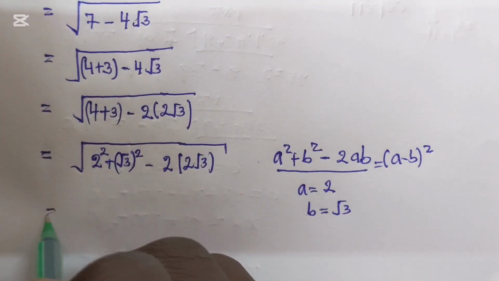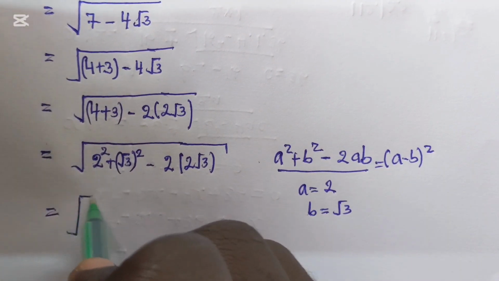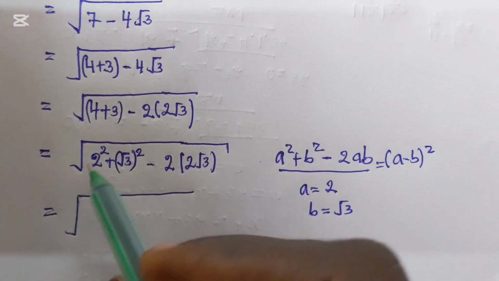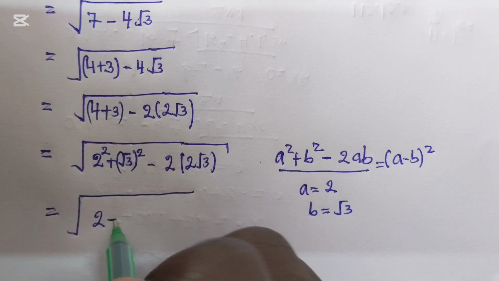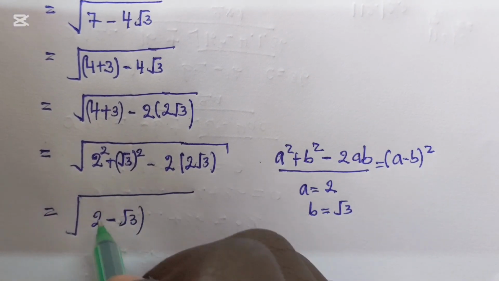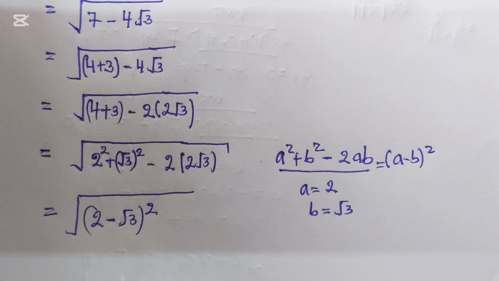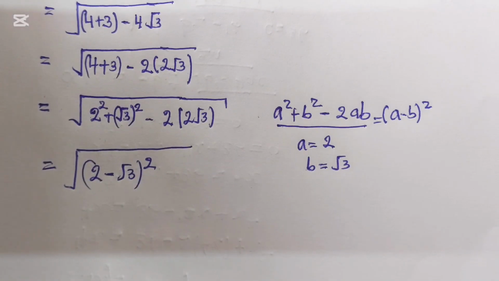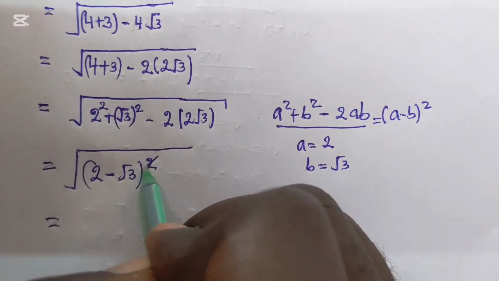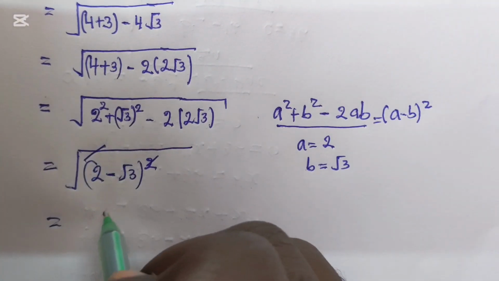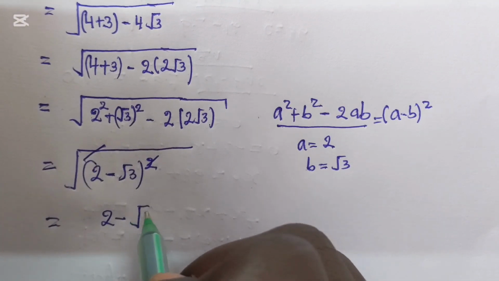And this is what we are going to apply here to get our a is equal to 2 minus the square root of 3, then squared, okay. So this will go to get 2 minus square root of 3.